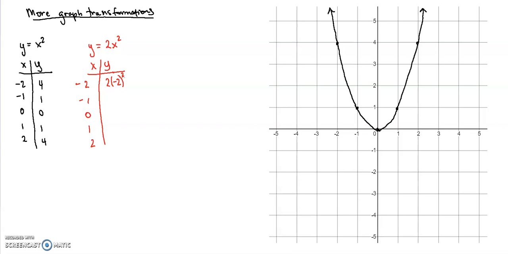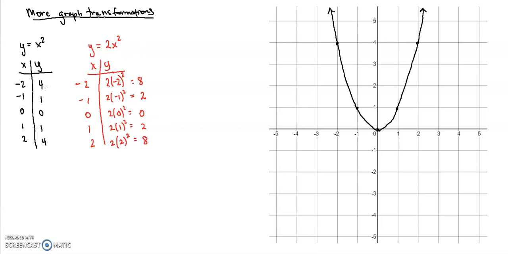So exponents, then multiplication. So this is going to be 2 times 4 is 8. 2 times 1 is 2. 2 times 0 is 0. 2 times 1 is 2. And 2 times 4 is 8.